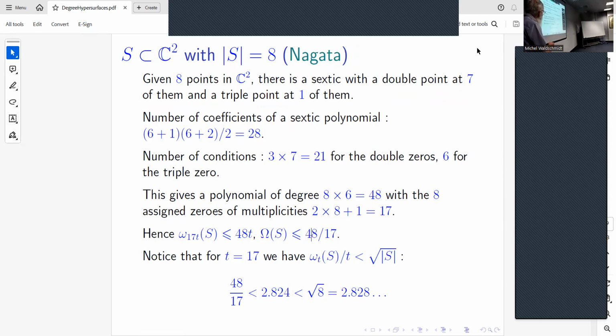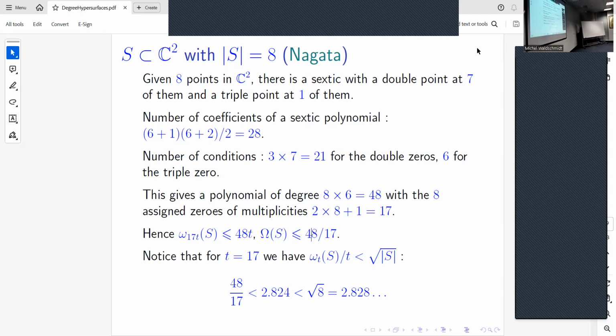The number of conditions is 3 times 7 for the double zero and 6 for the triple zero. And you have a polynomial of degree 48. You have 8 zeros for each 2 plus 1, so it's 17 for each point. So omega t of S for t equals 17, omega t is 48, and you have this value.